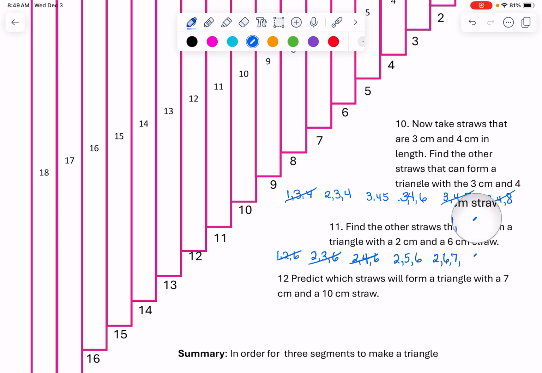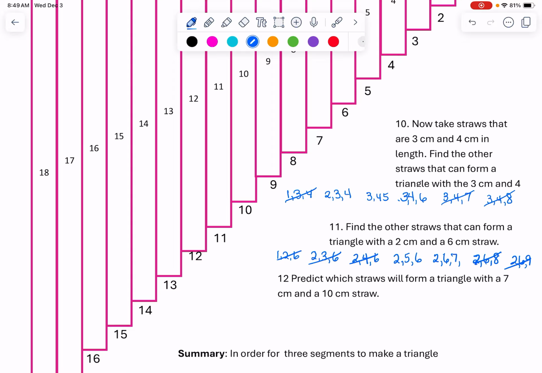But 2, 6, and 8 did not work, and 2, 6, and 9 will not work, and so forth. So hopefully we're starting to see a pattern here. Things that did work and things that didn't.